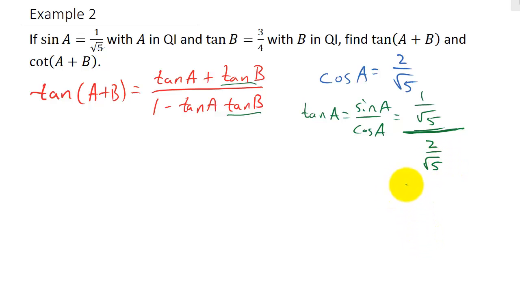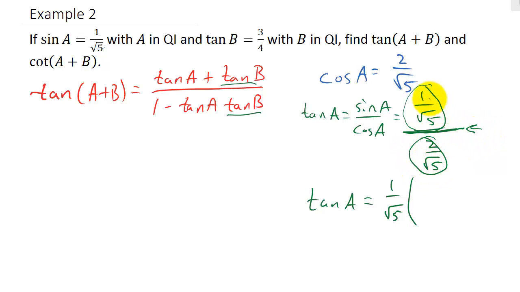Okay, so that's going to give me tangent A is equal to, well, remember how to divide fractions. That's 1 over square root of 5 times, because remember it's this divided by this, and to divide fractions, that would be this times the reciprocal of 2 over square root of 5.